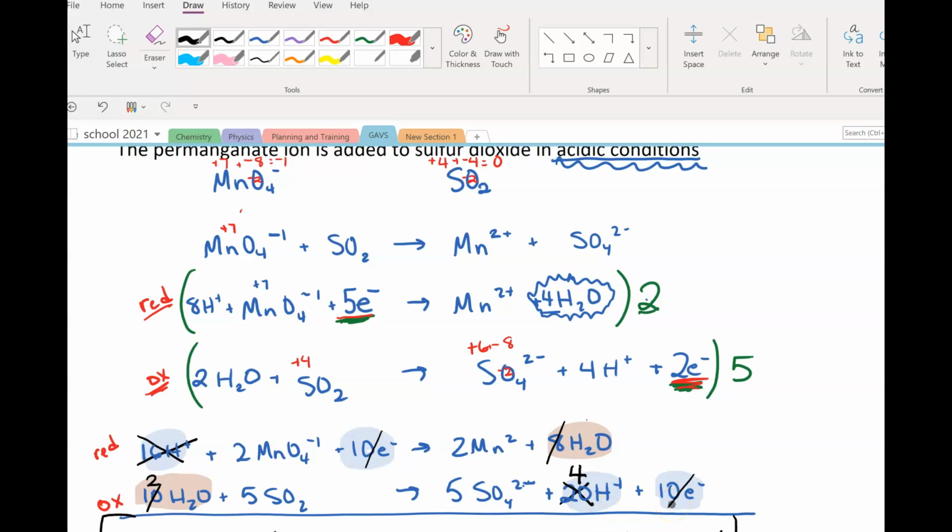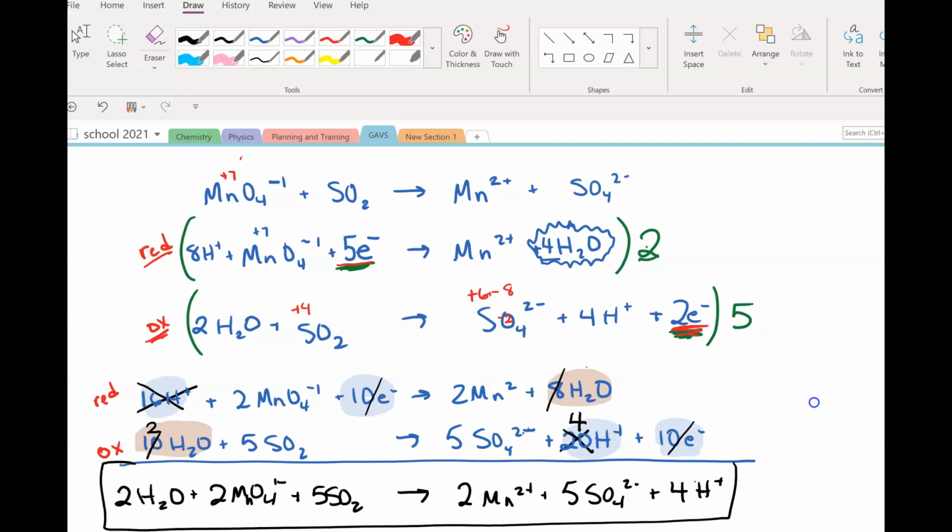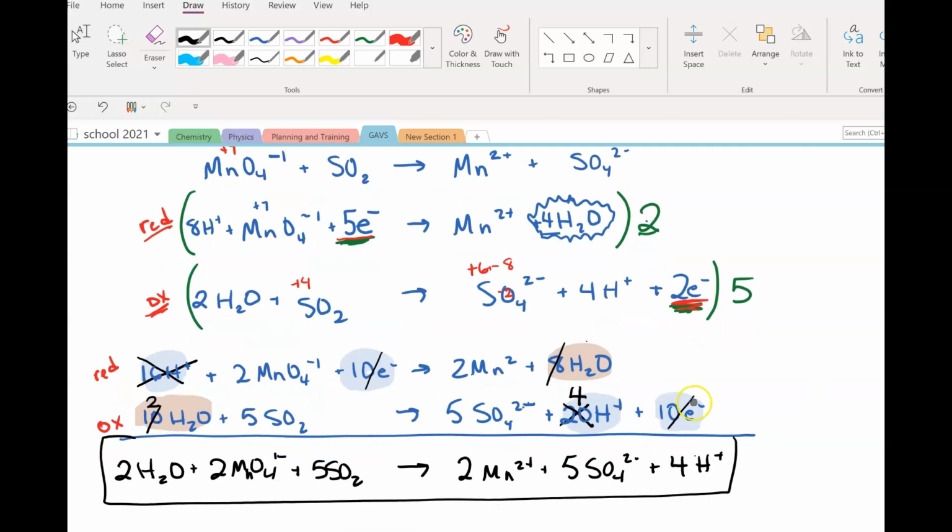Now, this time, I don't just have redundant electrons. I actually have water on both sides and hydrogen ions on both sides. I need to clean up all the species found on both sides. My electrons definitely cancel out, so I'll remove those. I start with 10 waters on the reactant side and 8 waters on the product side.